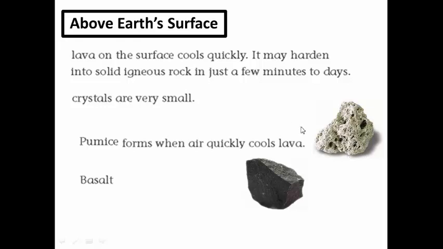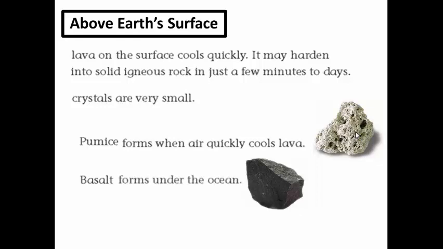Here the pumice forms when air cools lava. So all of them formed quickly, but this one formed when air cools lava. By the way, this pumice you can find in markets and different places. It's light and looks like a sponge in its shape.